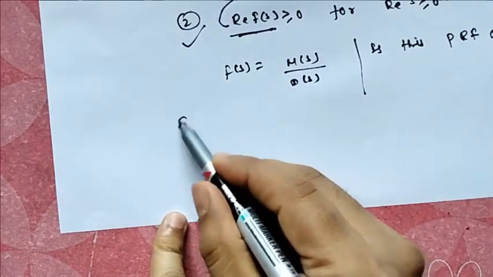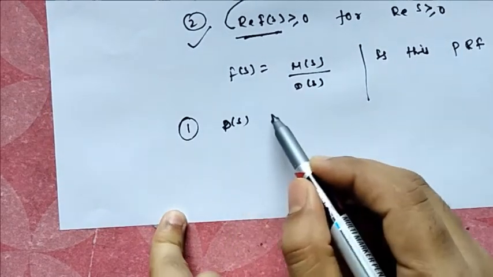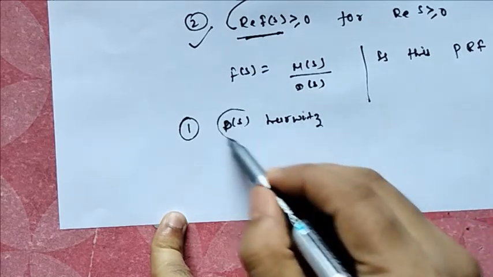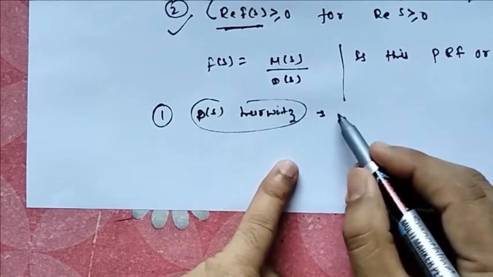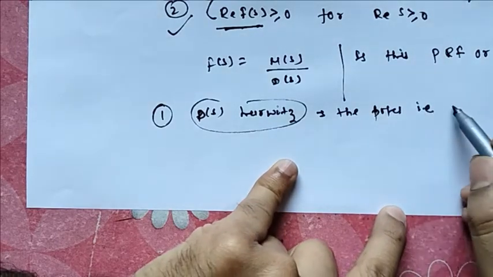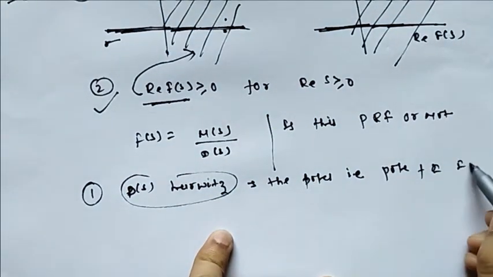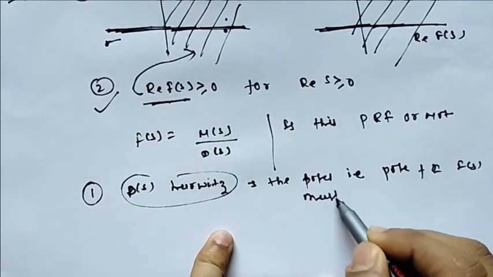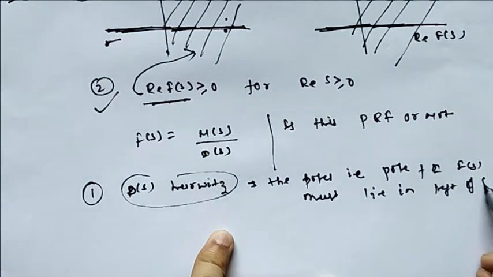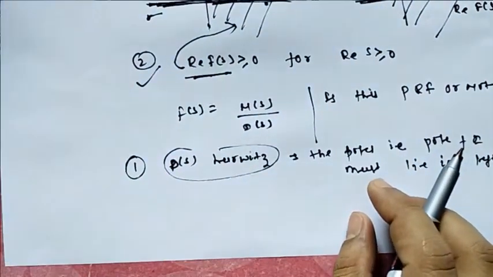First rule, D(s) must be Hurwitz. It means the poles of function F(s) must lie in the left half of the s plane. So D(s) must be Hurwitz.